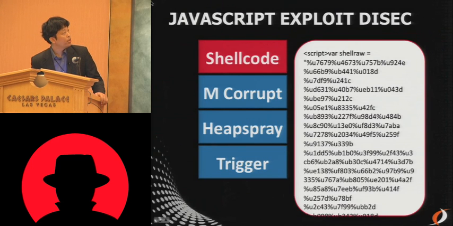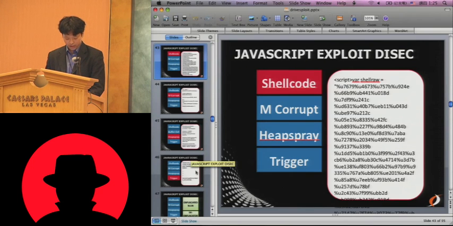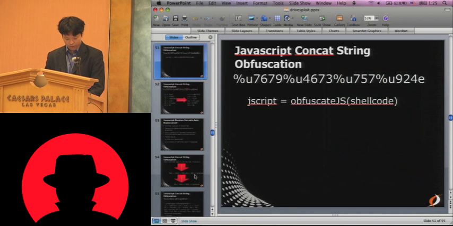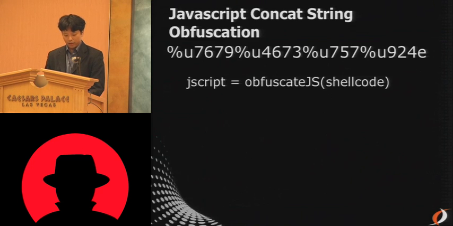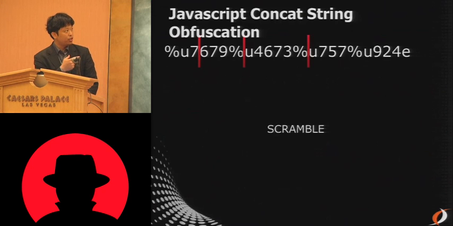Okay, so here you have script var shell raw equals a big long string, and you want to randomize this string. If you want to simulate this behavior in Drivesploit, you call the function, and it randomly chops the string up.